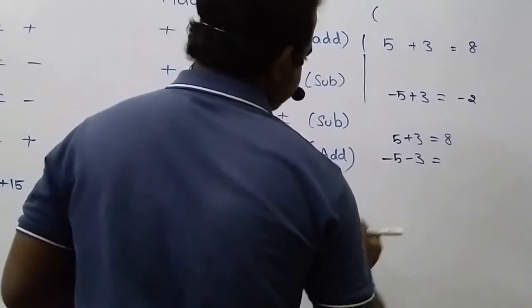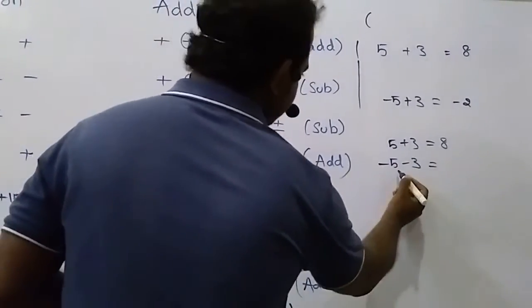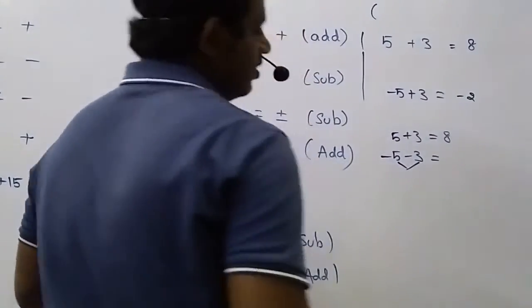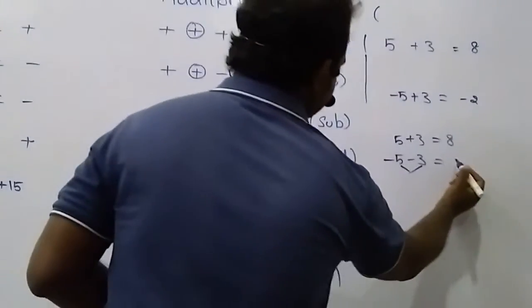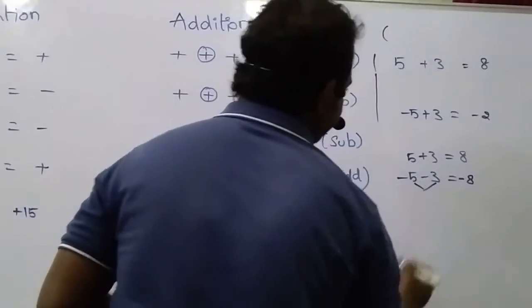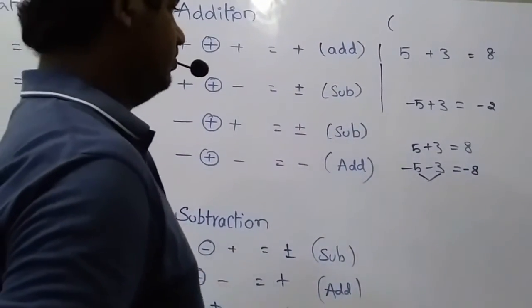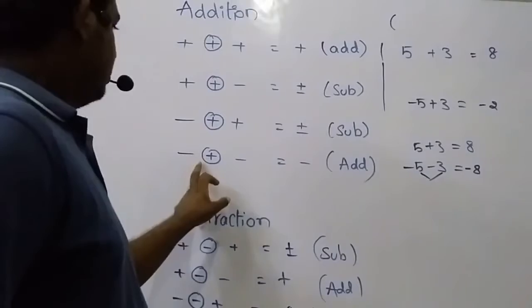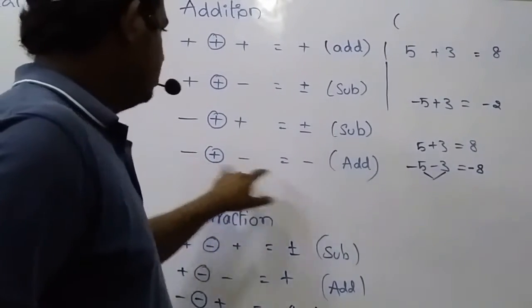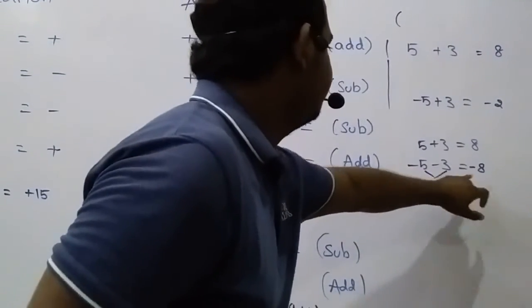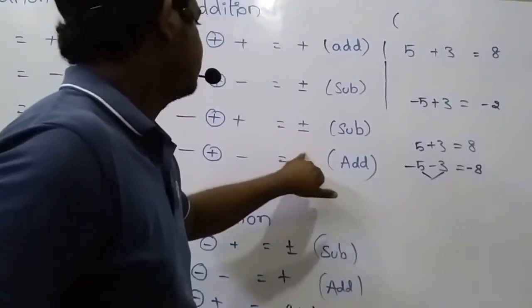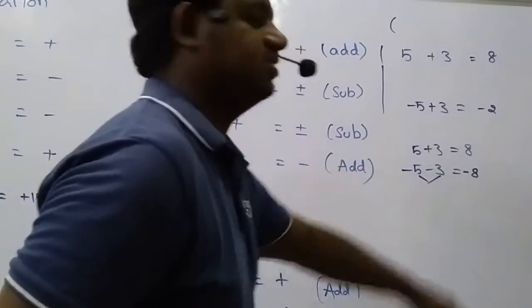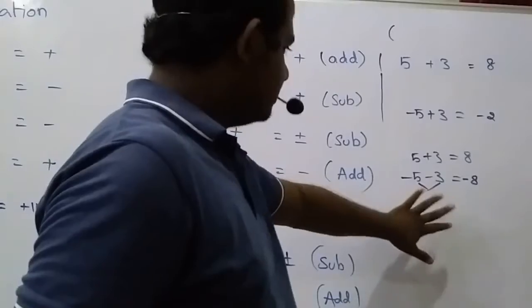That means we are not subtracting here. First add the numbers, 5 plus 3 is 8, and before the result simply take the minus sign. If we have two negative values, first add the numbers, keeping the minus symbol as it is. That means here it is addition only.